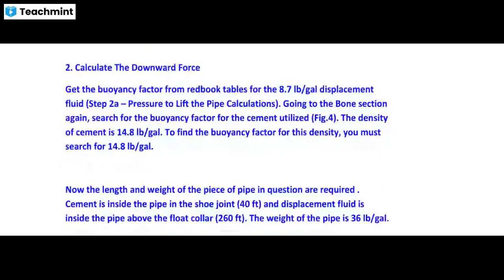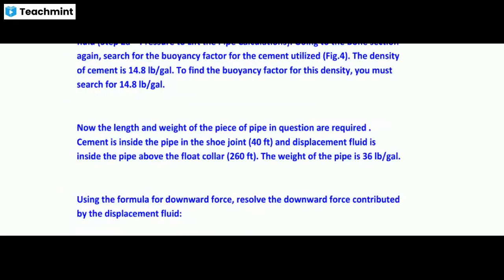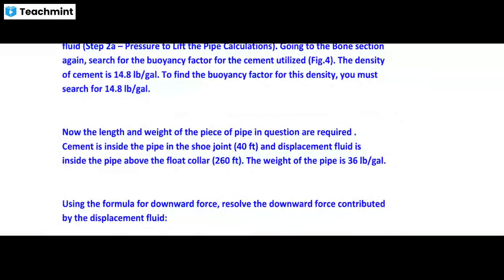now calculate the downward force. Similarly, you get the buoyancy factor from the red book, and also the displacement fluid inside the pipe above the float collar, 260 feet. The weight of the pipe is 36 lb per foot.